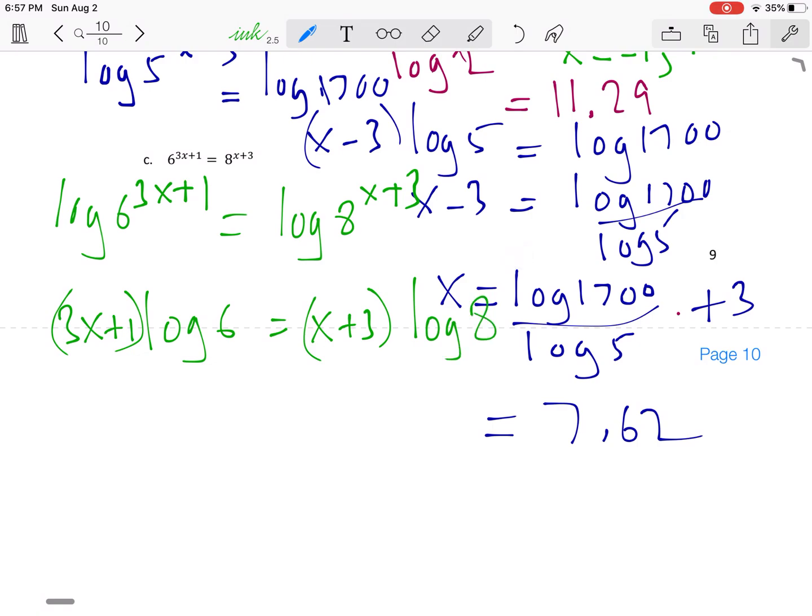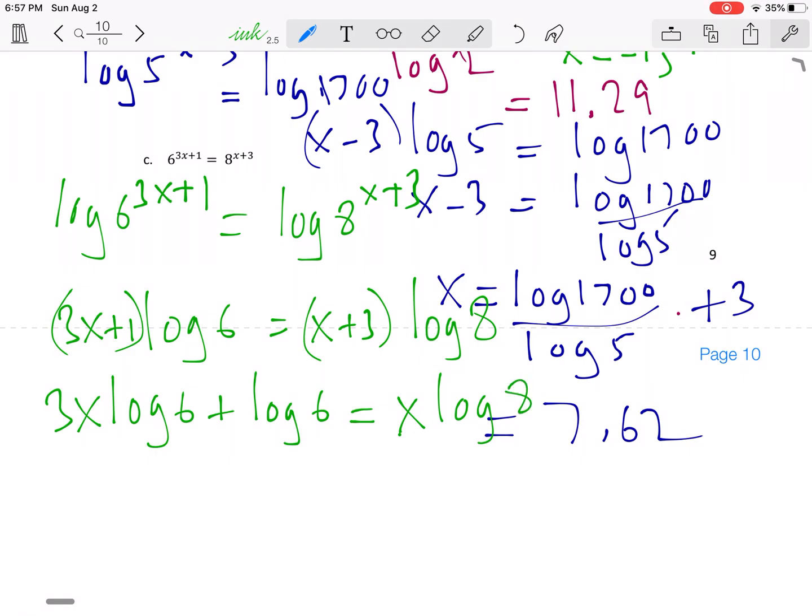Okay, and so what we're going to do a little bit differently here is we'll use the distributive property. So 3x plus 1 will go 3x log 6 plus 1 log 6 is equal to x log of 8 plus 3 log of 8.